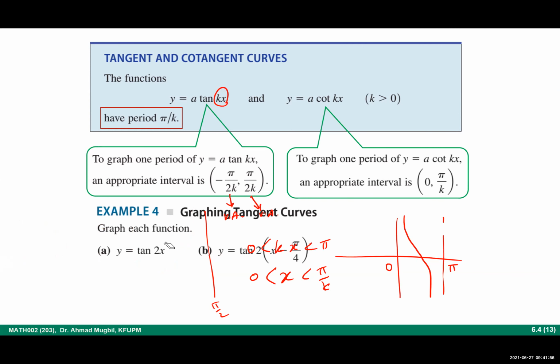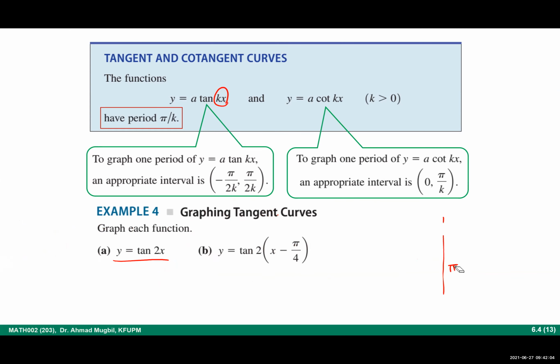This example, part A. How to sketch the graph of y equals tan 2x. This is a horizontal shrinking, by the way. Now, let me ask some specific students. Sultan al-Mandil, are you with us, ya Sultan? Yes, doctor.